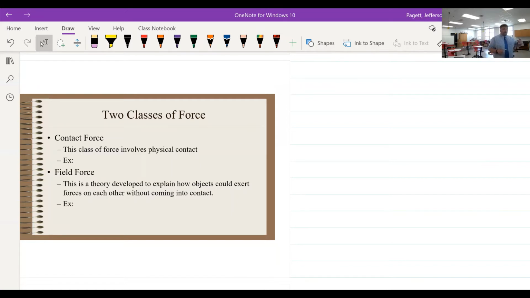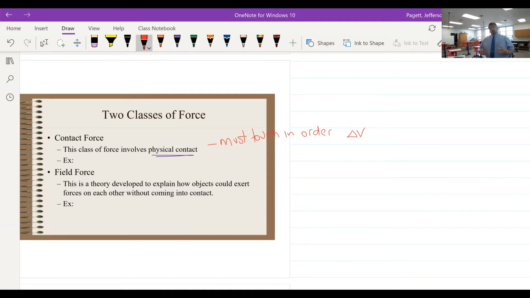If I'm sitting on a chair and that chair suddenly disappears, it's no longer going to exert a force on me. So it must involve physical contact. Okay, so we talk about must touch in order to get delta V.